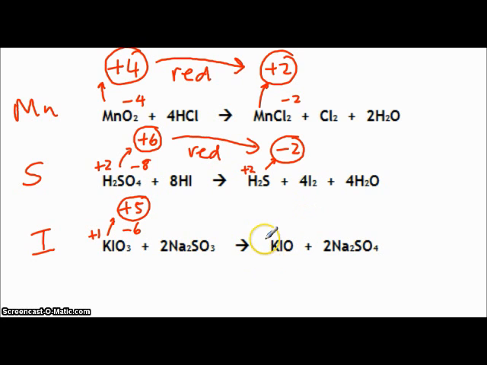On this side, potassium +1, group 1, oxygen -2, which means that our iodine must be +1 to give a neutral compound, a total of 0. So +5 down to +1, again clearly reduced. So in each case, you can see those are examples of reduction reactions in terms of the elements that we've been following: manganese, sulfur, and iodine.